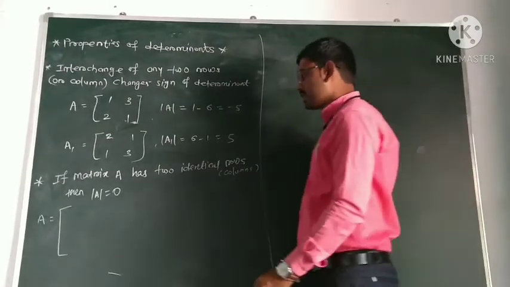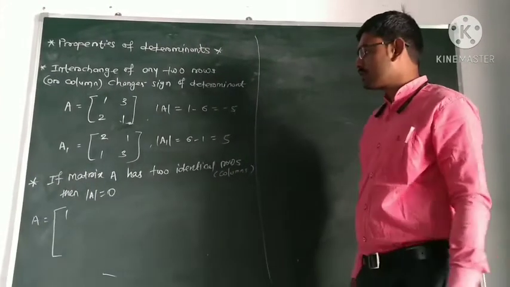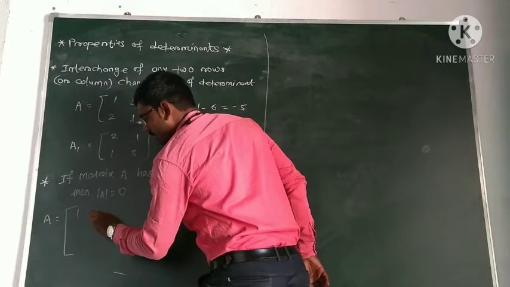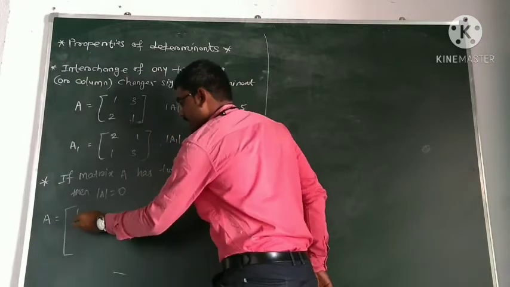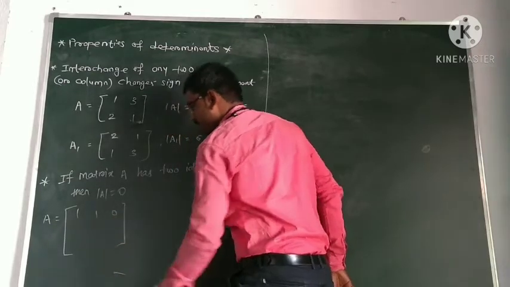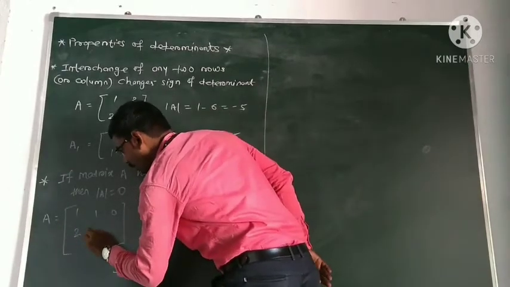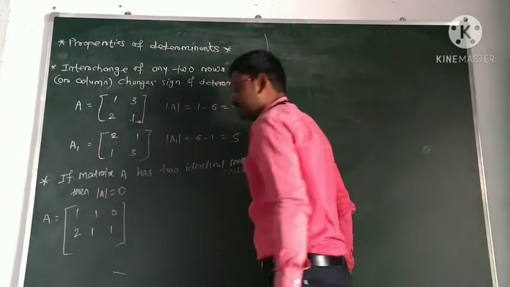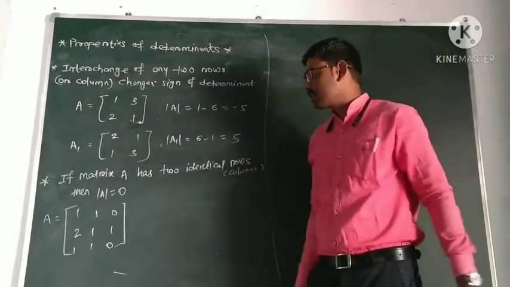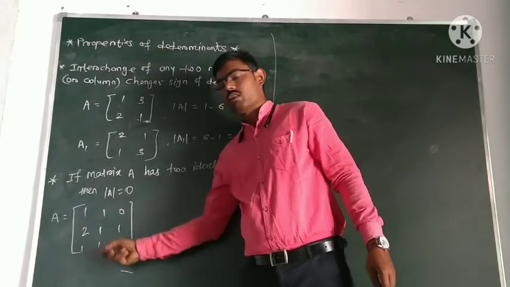So for example, take the matrix whose first row is 1 1 0, second row is 2 1 1, and third row is again 1 1 0. Now this matrix has two identical rows. The first row is the same as the third row, 1 1 0, 1 1 0.